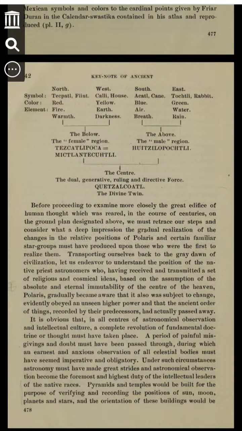As I was saying earlier, pyramids and temples would be built for the purpose of verifying and recording the positions of sun, moon, planets, and stars, and the orientation of these buildings would be carefully planned accordingly, right? Let me change this page for y'all, but that makes total sense. And pyramids and temples, that wasn't the only reason they was built, but it was one of the major reasons, and they was built under certain constellations. They was built under certain stars, right?